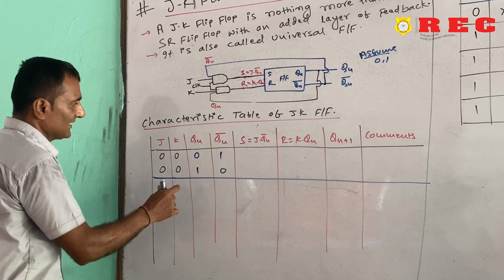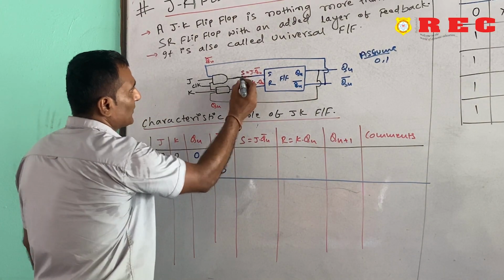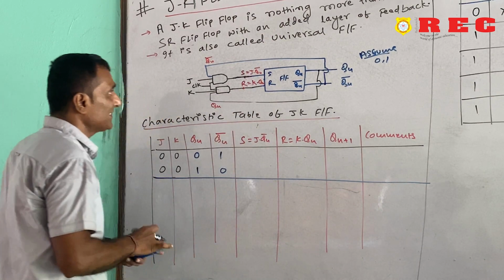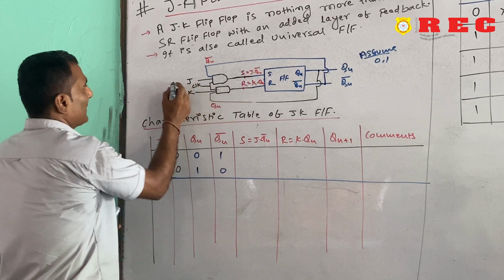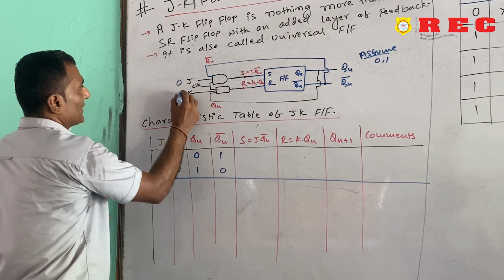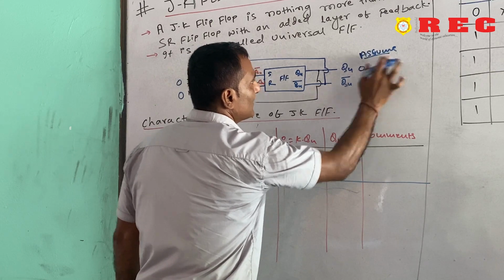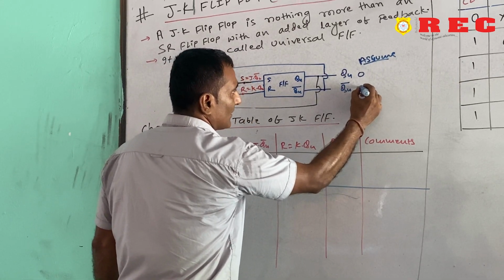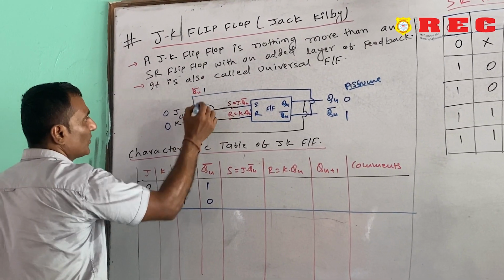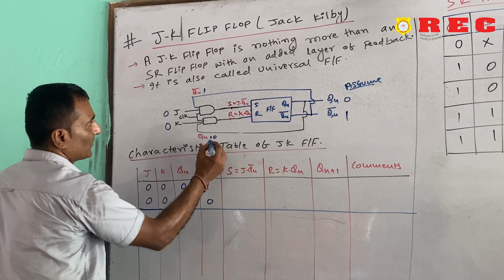Firstly, in this table, S is equal to J dot Qn complement. So what will be the output if we apply J equal to 0, K equal to 0, and we are assuming Qn equal to 0, so Qn complement is equal to 1? Here the Qn complement will be 1, and the Qn will be 0.